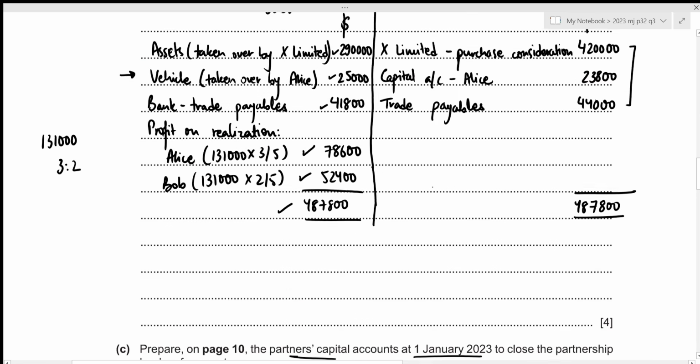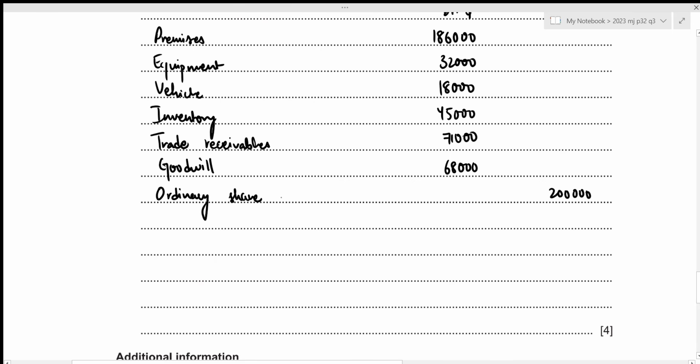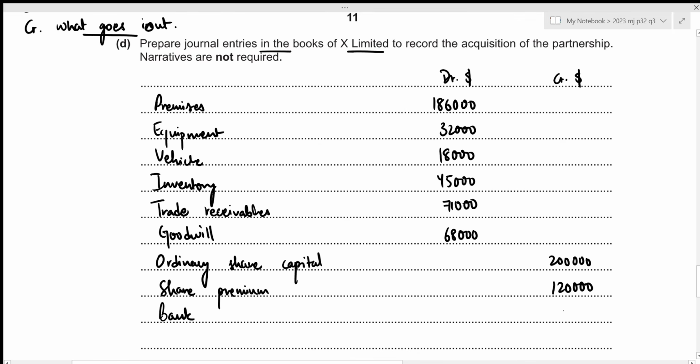Let's write it down. So the ordinary share will be 200,000. You can write it under the heading of ordinary share capital. Then we also had share premium. That was 120,000. And then we also had the bank settlement, and the excess will go towards our bank. We know that the total of the purchase consideration, or the total of the debit side, is just 420,000.